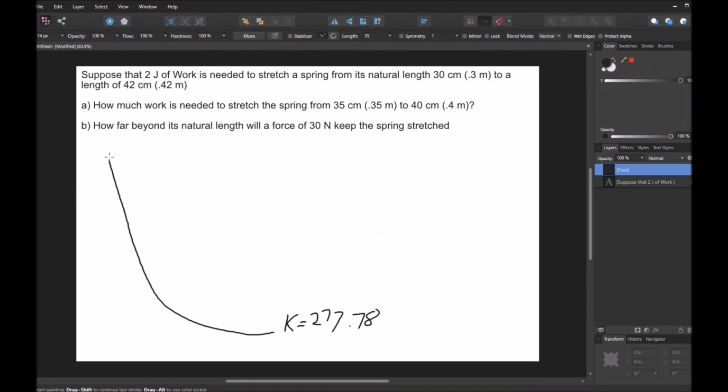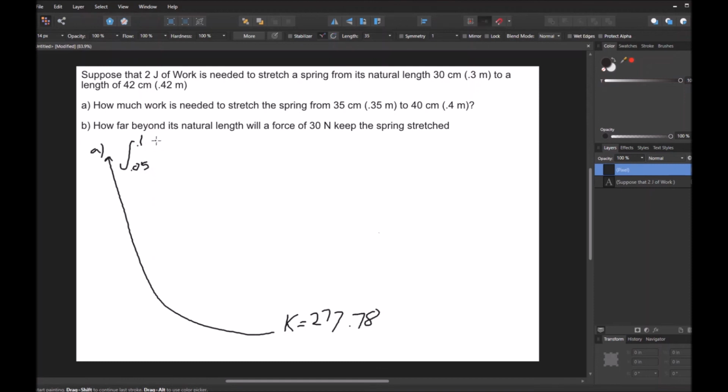So at this point, I'm going to bring this up here. And now, this is still part A, by the way. Now I'm going to rewrite the work formula, but this time my lower bound of integration is going to be 0.05 meters, and my upper bound of integration is going to be 0.1 meters.